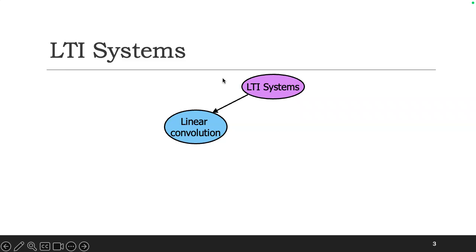If you multiply a constant to the input, you get the same constant in the output. And if you have a x1(t) plus b x2(t), you get a y1(t) plus b y2(t). Actually, the convolution has a similar property.